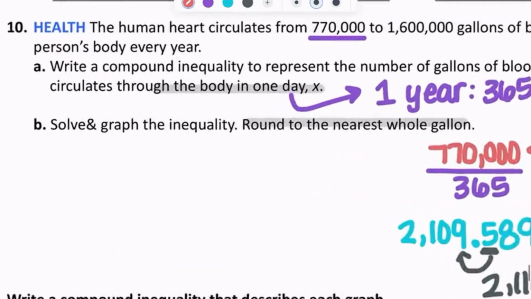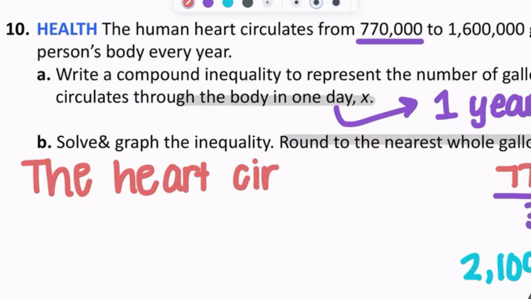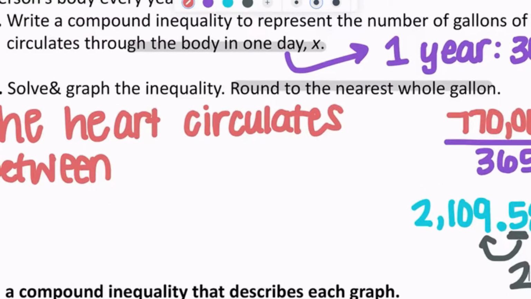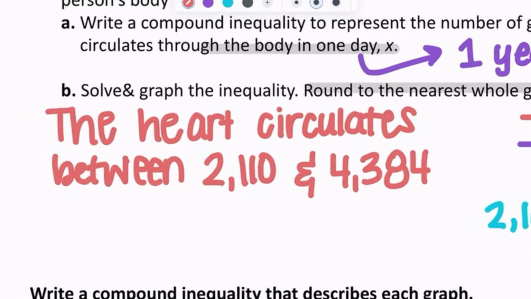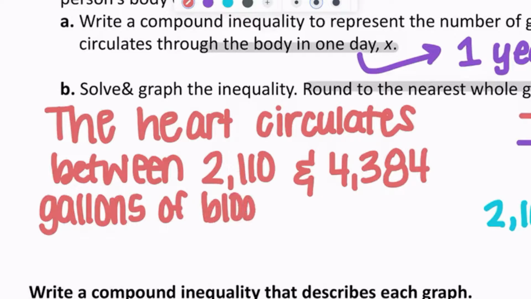So we can say the heart circulates between 2,110 and 4,384 gallons of blood per day.